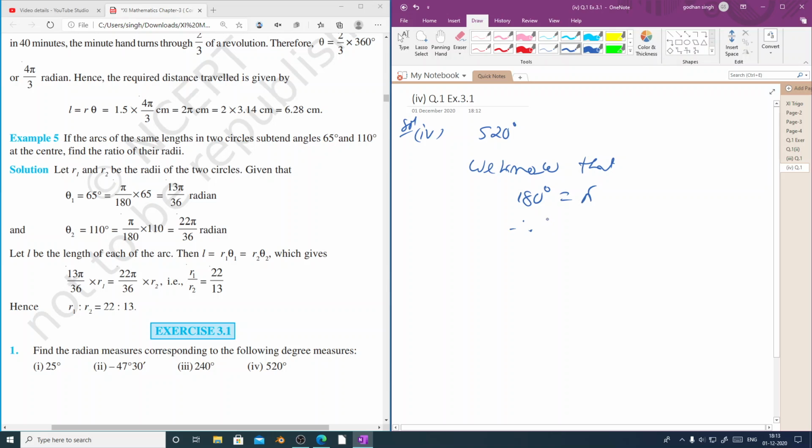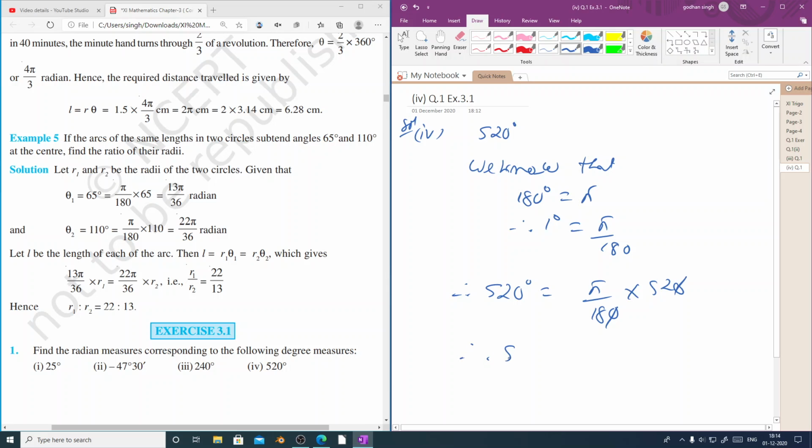So therefore 1 degree equal to pi by 180 radians. Therefore we can say that you can multiply both sides by 520. Therefore 520 degree equal to pi by 180 into 520, and this 0 and 0 will cancel out. Take care that you do not put degree this side, because this all is radian.